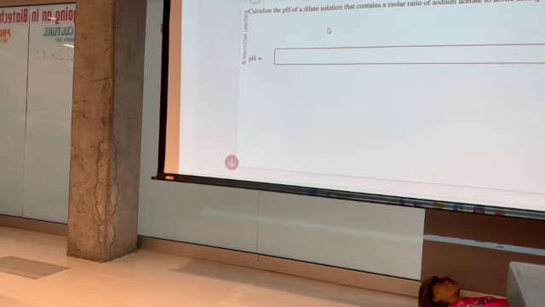A salt always dissociates 100%. So if you encounter a problem in which you have CH3COO like that, so this is the negative ion, this is the positive ion. When this dissociates, it all goes to ions.